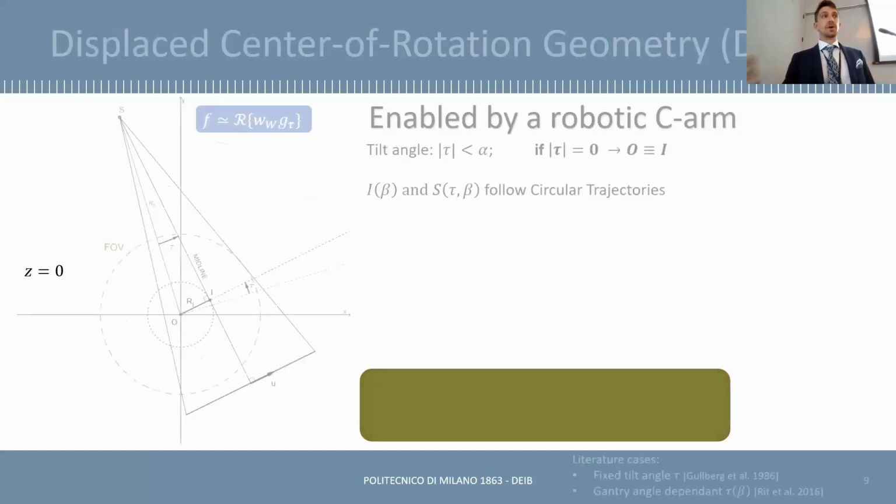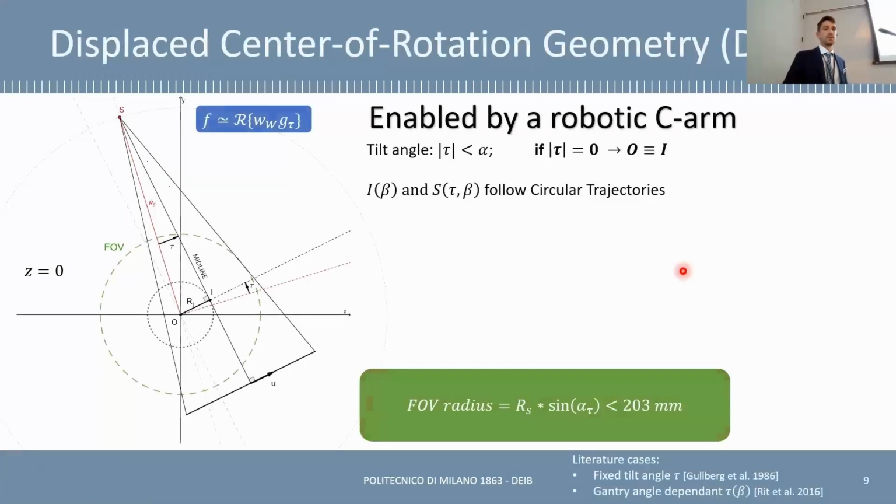Going a little bit further, we can look at what's called the displaced center of rotation geometry. In this case, you can see how the isocenter is not fixed on the center of an image anymore and follows a small circular trajectory. The source still follows a circular trajectory. And we introduce a small factor called tau, which is the tilt angle.